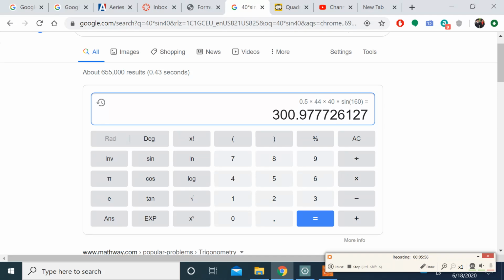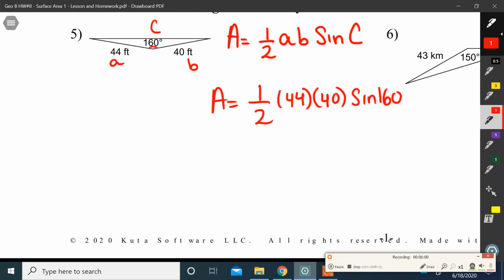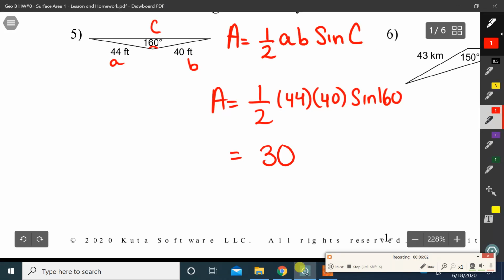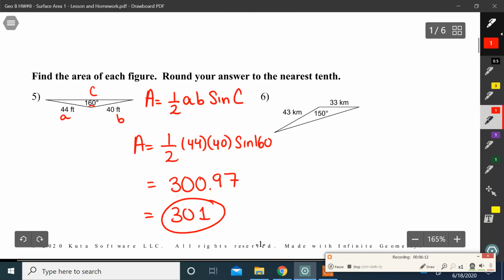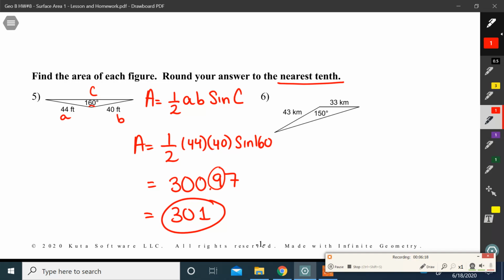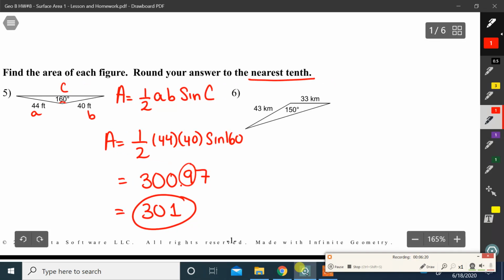That was the problem that I was having here. So 300.97 is what I got. If I want, I could just round that to 301. It does say in here to round to the nearest tenth. Since this is a 9, then we actually round to 301.